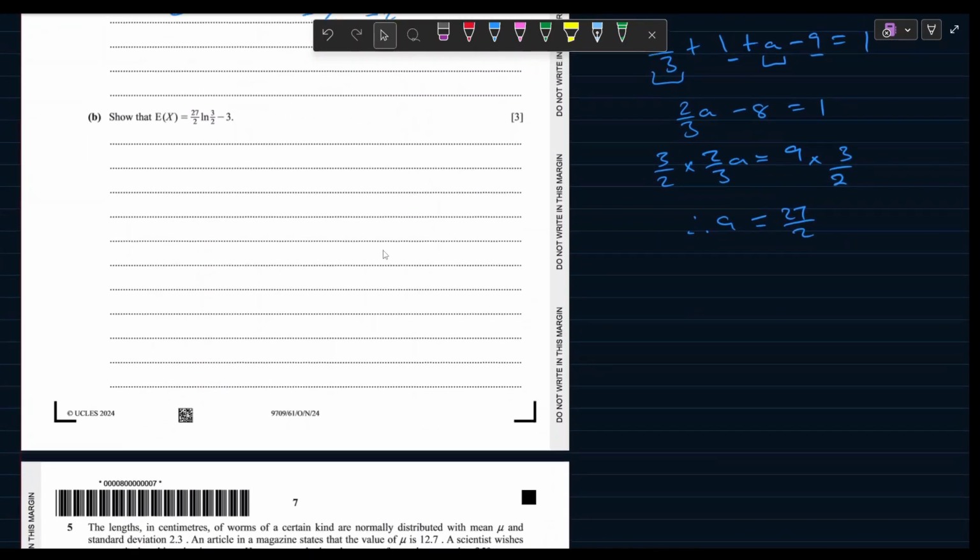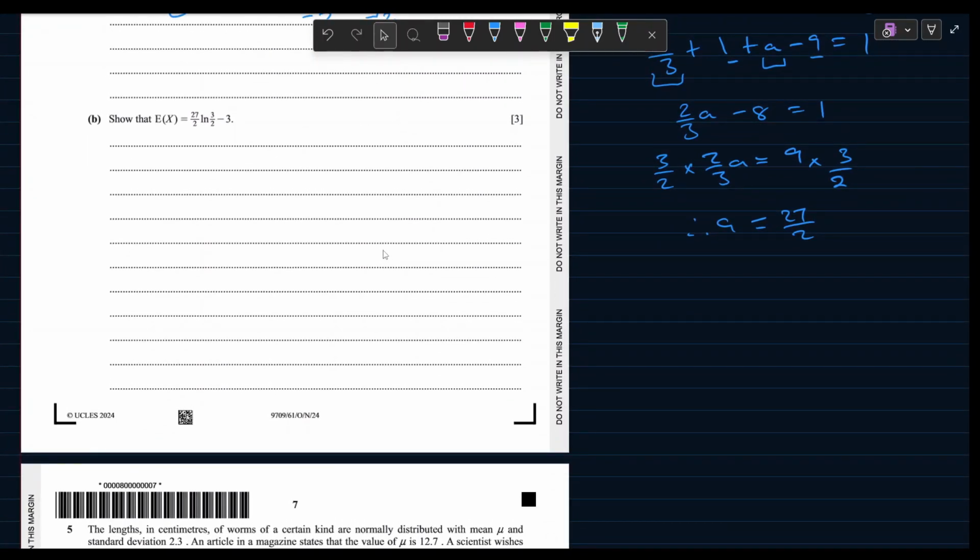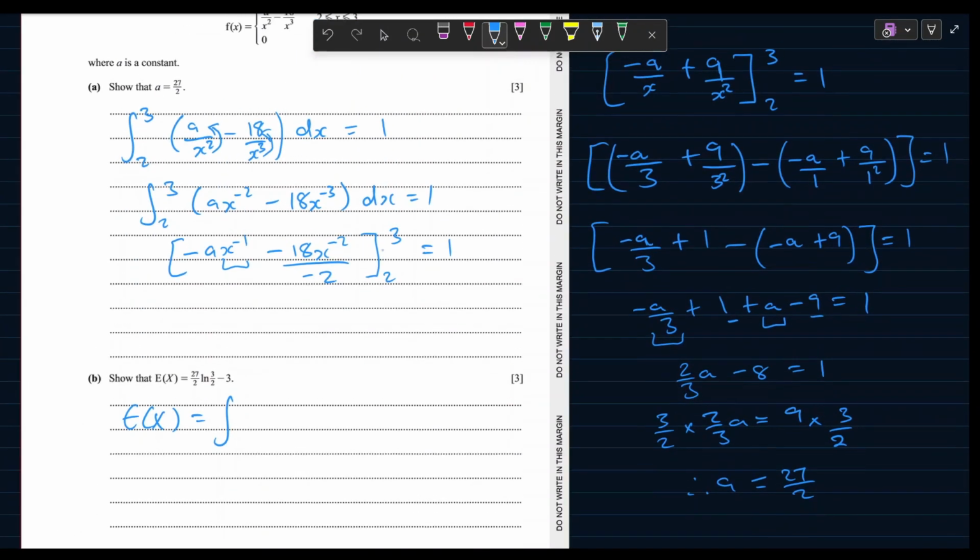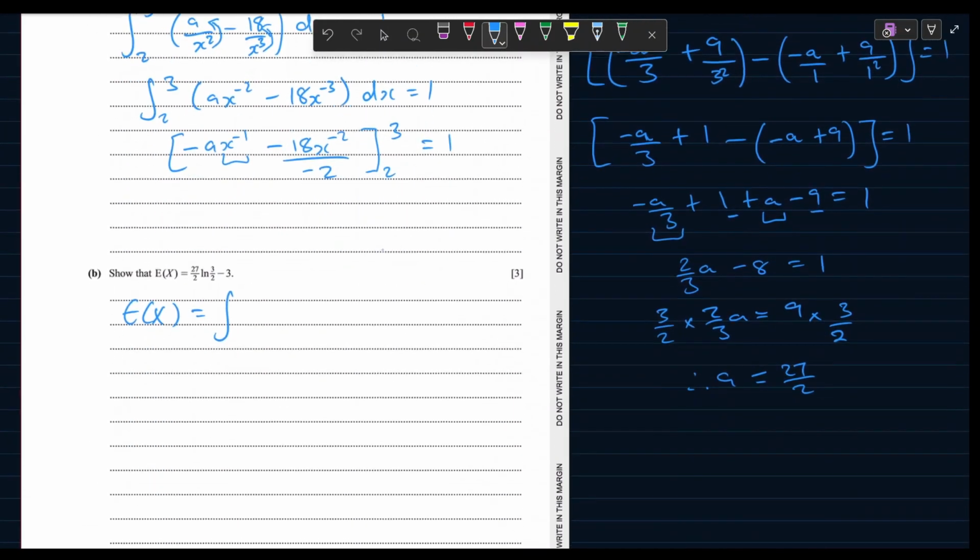So part B says, show that the expectation of x is equal to 27 over 2 ln 3 over 2 minus 3. So the formula for mean is the integral from the lower limit to the upper limit. So in this case, that's from 2 to 3 of x f of x with respect to x.